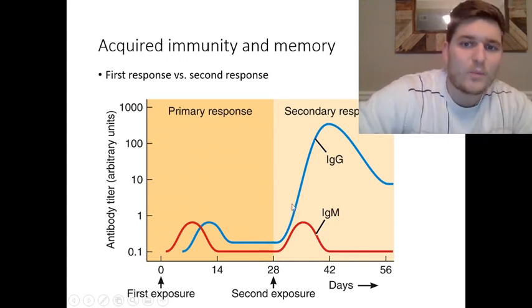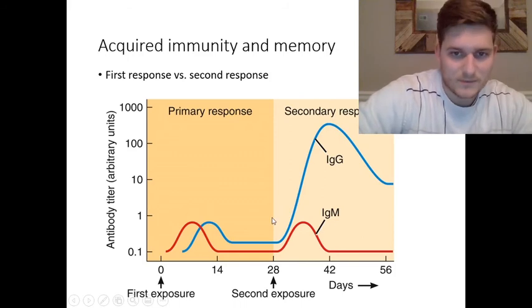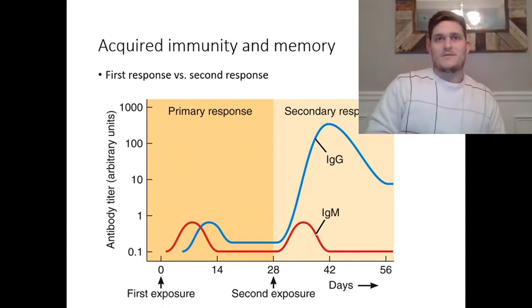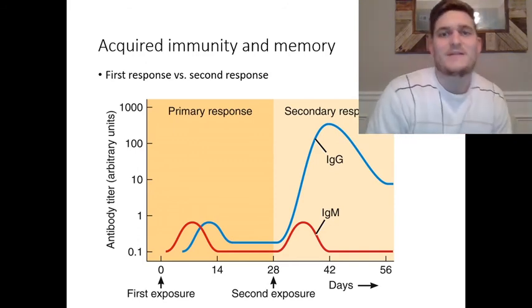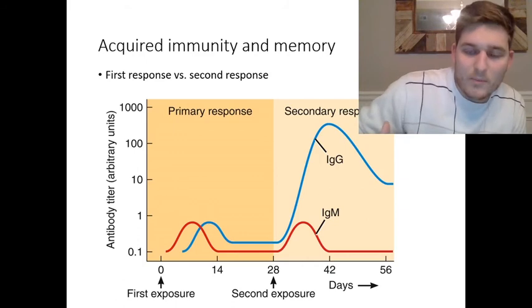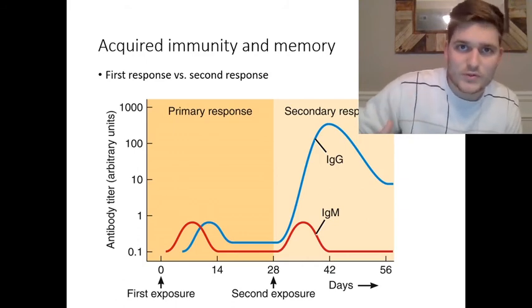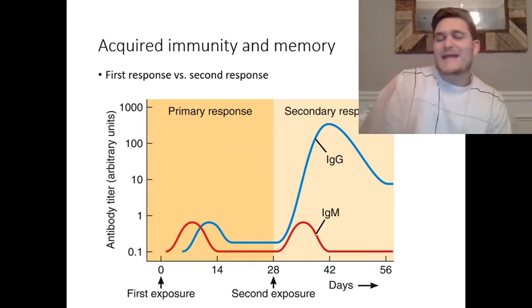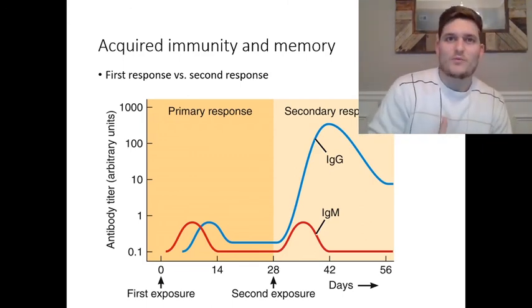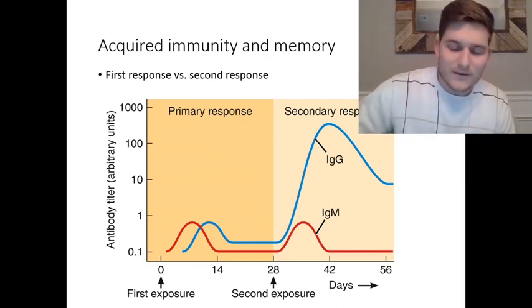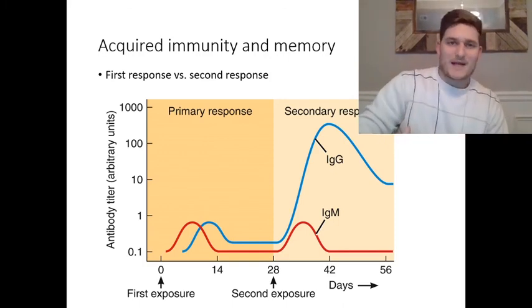That's going to help with our immune response and increase our ability to produce antibodies and to activate cytotoxic T cells. So the exposure is not going to be as bad, and we're better able to fight off a second response when we've already come into contact with that virus.